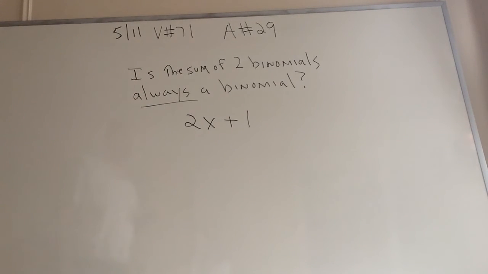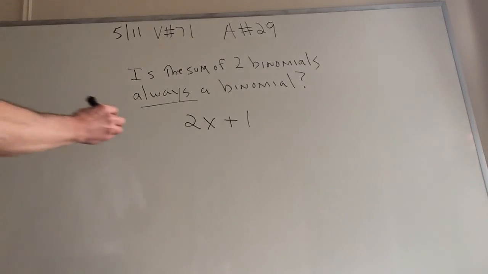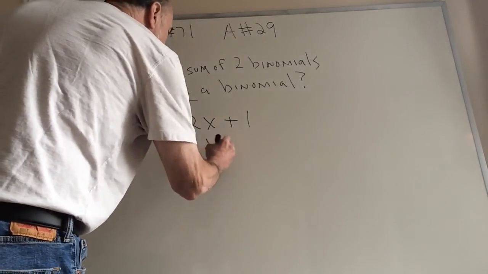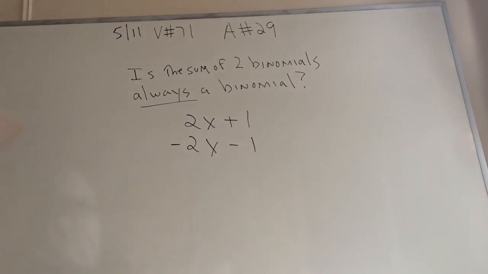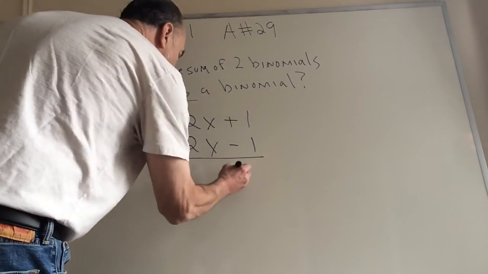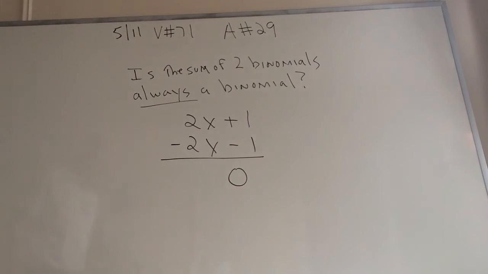Does every polynomial have its opposite except 0? Absolutely. We showed that to you before. So what's the opposite of 2x plus 1? Minus 2x minus 1. Is that a binomial? Of course. When I put them together, what do I get? Is 0 a binomial? No. 0 is a monomial, one number.